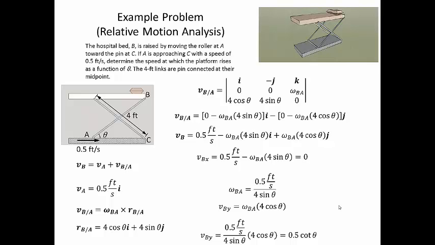The 4's cancel, and the cosine of theta over the sine of theta becomes the cotangent of theta, which gives us a velocity of B in the y direction equal to 0.5 times the cotangent of theta, which is the same result that we obtained in the absolute motion analysis method.